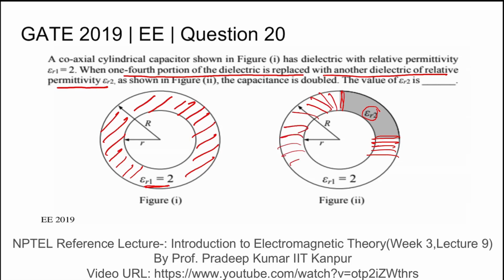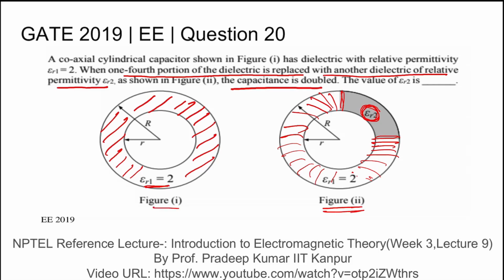It is 2, epsilon R1 equal to 2. So we are asked to find this value, and it is given that the capacitance in figure 2 is twice as in the previous case. So we need to solve this problem.